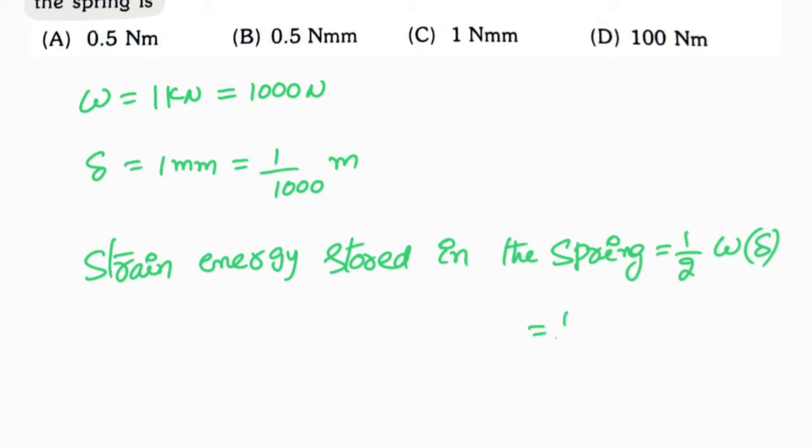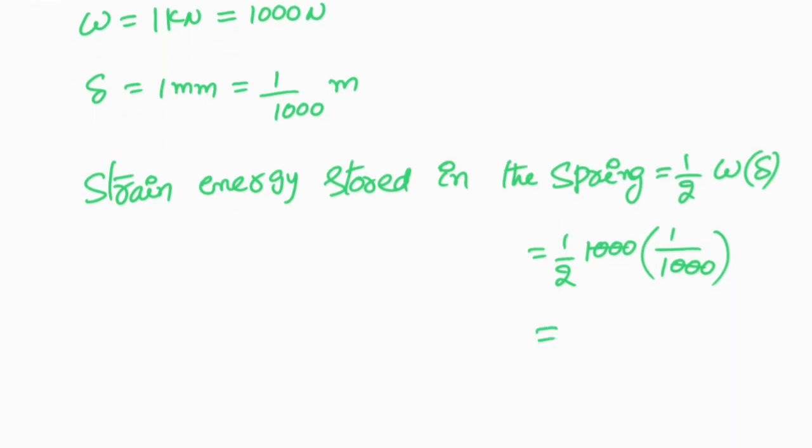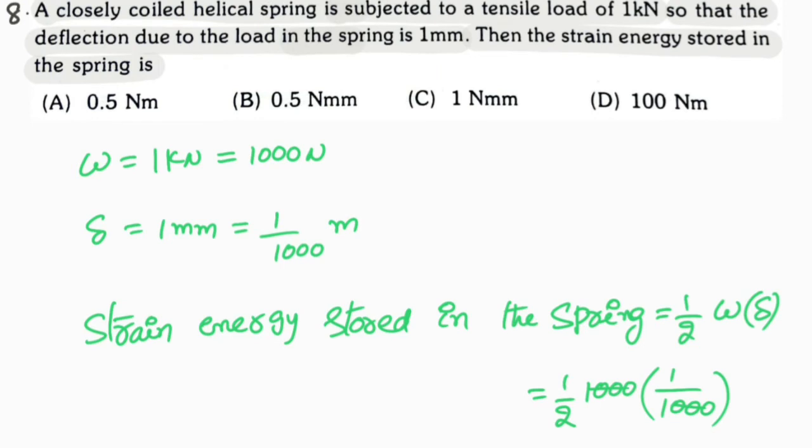It is equal to half into the load, 1000 newtons, into the deflection, 1 by 1000 meters. The 1000 cancels. The answer is 1 by 2, that means 0.5. The load is in newtons and the deflection is in meters, so newton meter or joule, because 1 newton meter equals 1 joule. The answer is 0.5 newton meter. Look at the options. The very first option is absolutely correct. I hope you understood this problem.